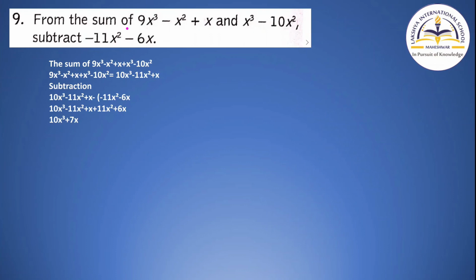Now here first we will find the sum of this one. So what will be 9x cube plus x cube, 10x cube. Now minus x cube and minus 10x cube, minus 11x square, sorry it will be the square term, plus x as it is. Now this will be the addition.